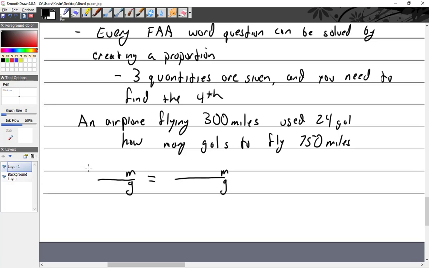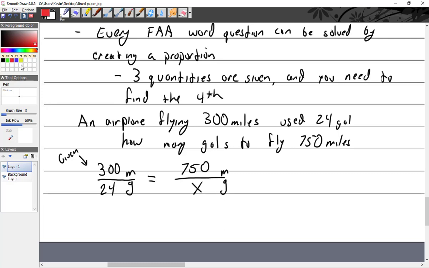Over here we can put the given: 300 miles and 24 gallons. On the answer side, I have 750 miles, and gallons is my unknown. That's what I'm trying to find. That's my x.